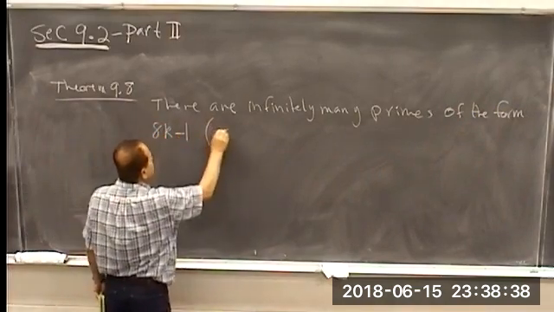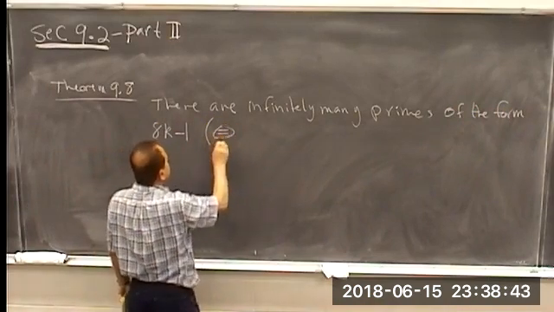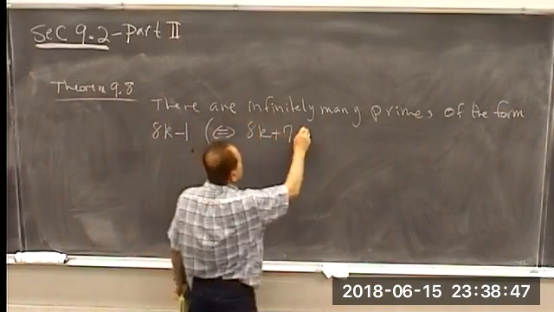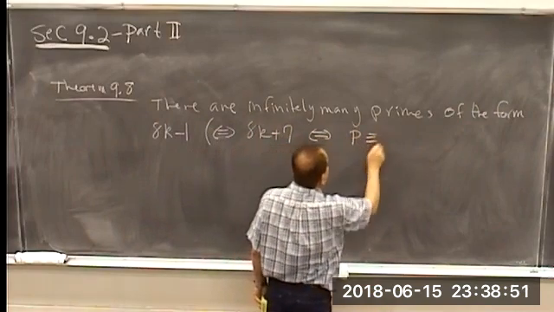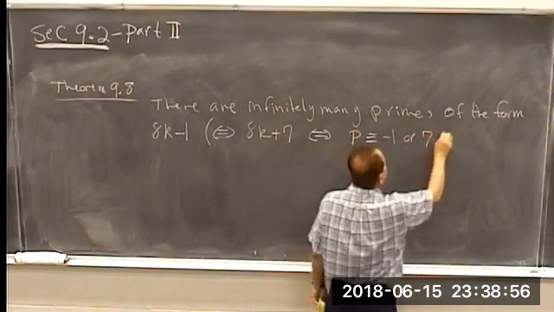And by the way, this is the same as 8k plus 7. In both of these, the prime P is congruent to either -1 or 7, because these are both mod 8.